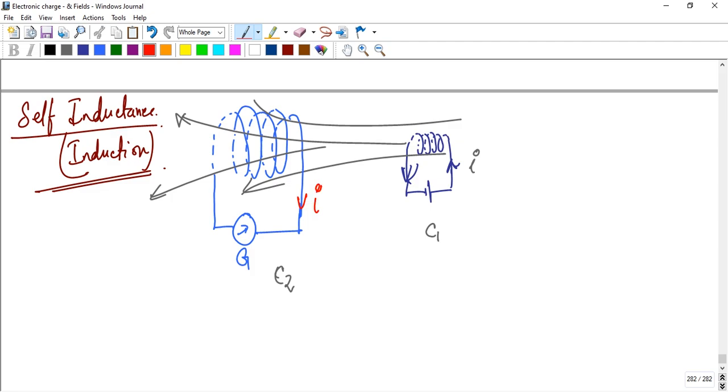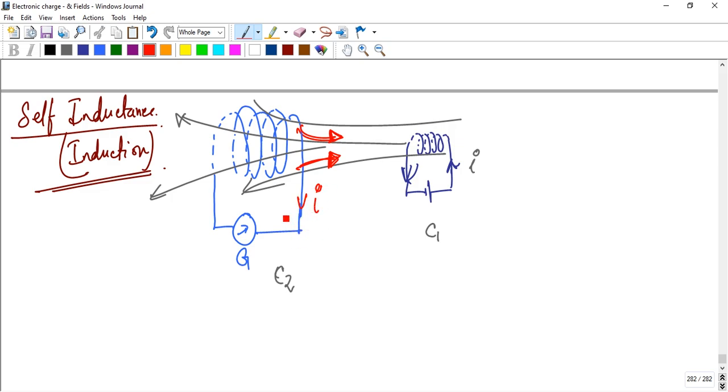Because of the change of flux, this current induces an EMF. This current also generates its own induced EMF, and that EMF opposes the original EMF. Suppose the gray color EMF is generated by coil 1, and the red color EMF is the own EMF generated by this current.